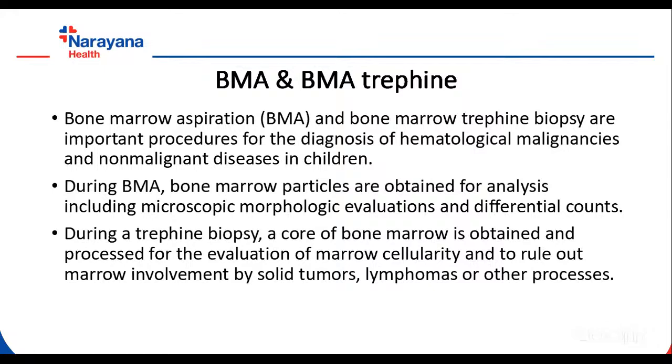It tells you the adequacy of megakaryocytes, and erythroid, it gives you an M:E ratio. A trephine, basically, the cellularity is better assessed on a trephine biopsy, and it also helps to rule out if the marrow is involved by any solid tumors, any lymphomas, or any other storage disorder.